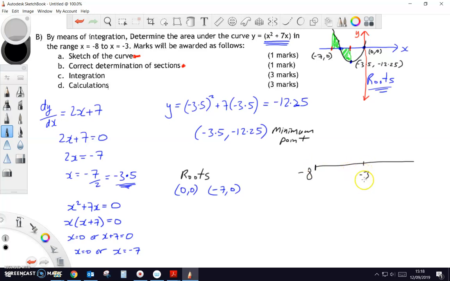Now our graph bottoms out at x equals minus 3 and it sweeps down like this, very roughly. So we'll be getting this area, and we'll also be getting this area. We'll have to do two integrations and add them together, because if we integrate the whole way between minus 3 and minus 8, there'll be some cancelling out going on. We'll do that now in the next wee video.